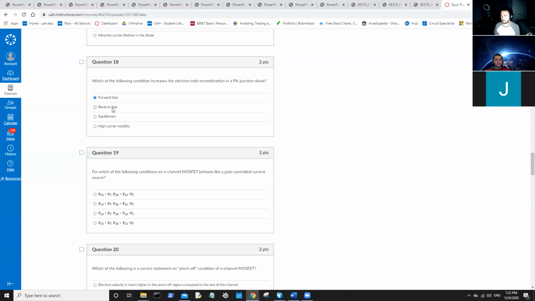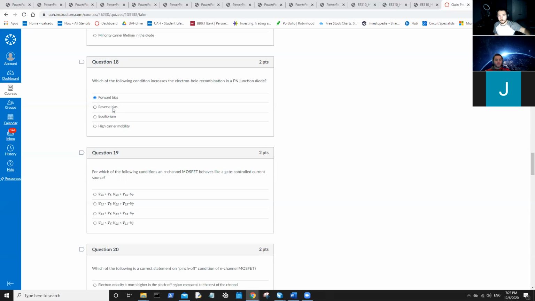At equilibrium, there's also no current flow. In forward bias, since there's current flow, it's the most likely time when all these electrons are moving across the system, recombining and moving. They just go through a cycle of recombination and generation over and over again to move across the system. Forward bias is going to increase the electron hole recombination.